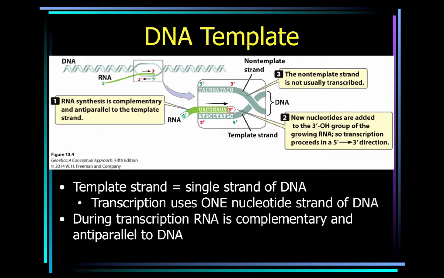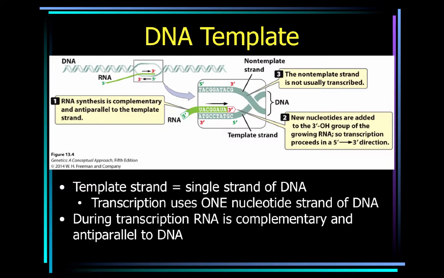So as we look at the template DNA, this template is going to be a single strand of DNA. Therefore, when a gene is being turned on, the first step is to form the replication fork and the replication bubble, and to get a single strand of DNA that isn't connected to its complement.